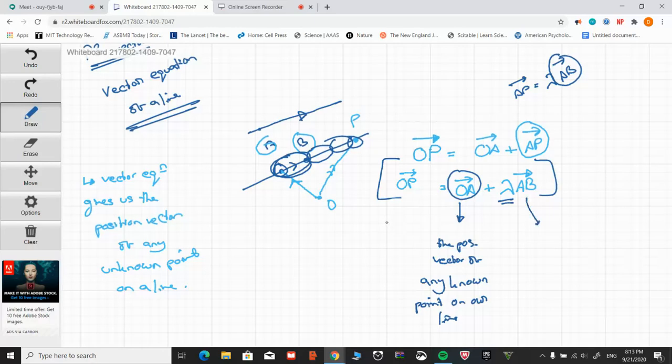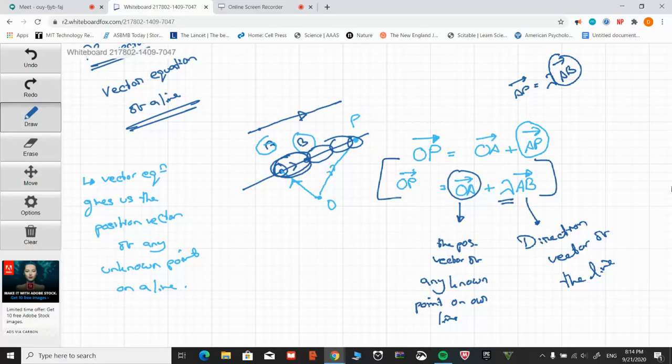This AB is called the direction vector of the line. AB is called the direction vector of the line. Why? Because AB is a vector that falls along the line. So it is parallel to our line, or it is literally sitting on our line.